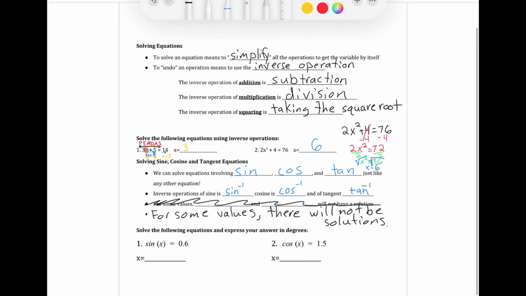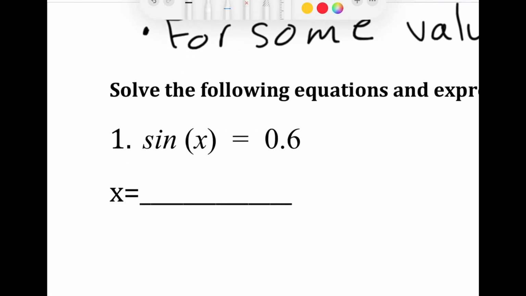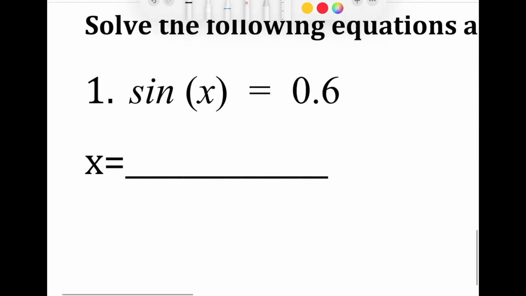So let's go through solving some of these. So for number 1, always, just like any other equation that we're given, we want our x by itself. Now, there is not multiplication in between sine and x. It is a little bit more complicated than just multiplication in between.